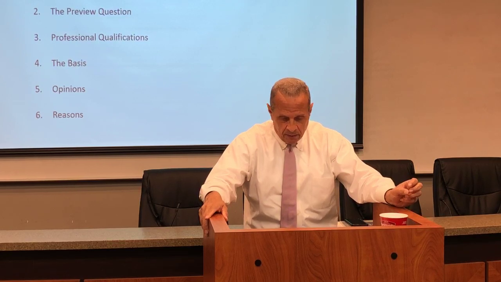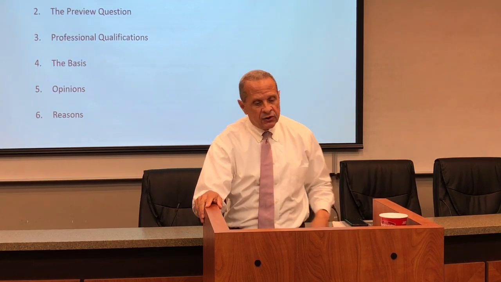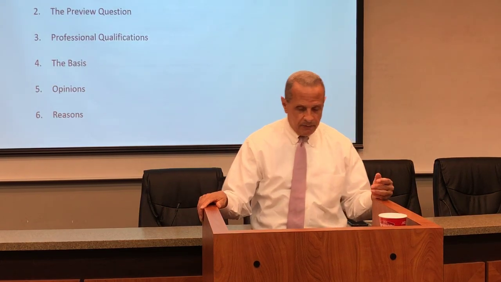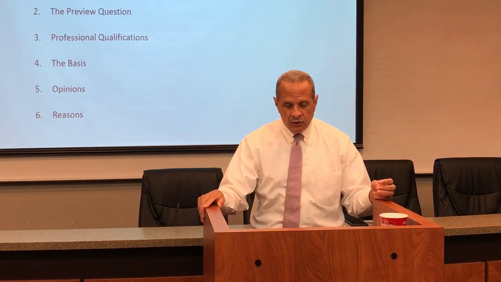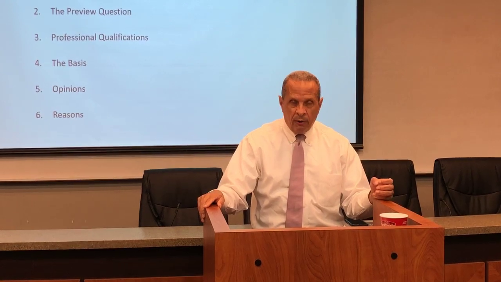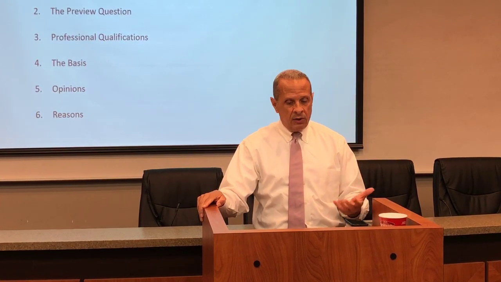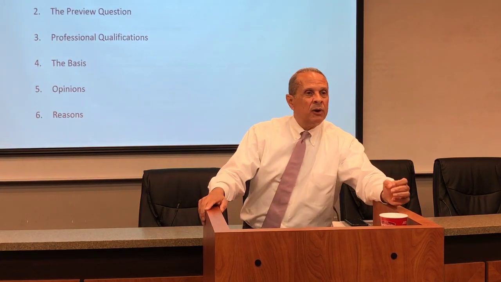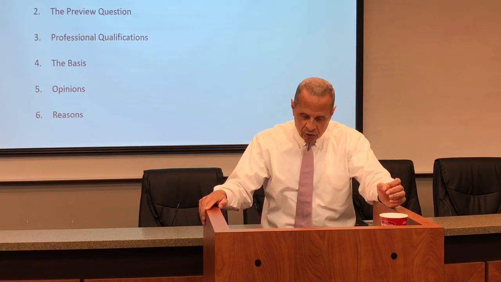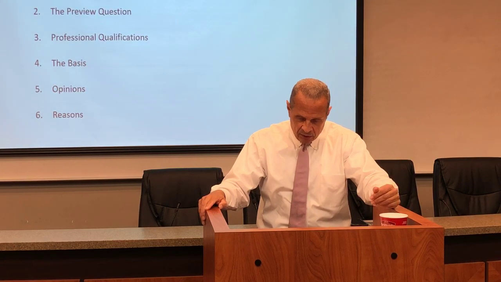So the basis concerns the facts and the data that support the expert's opinion. So before they can actually reveal their opinion to the jury, they have to explain the process by which they reached those conclusions, i.e. those opinions.